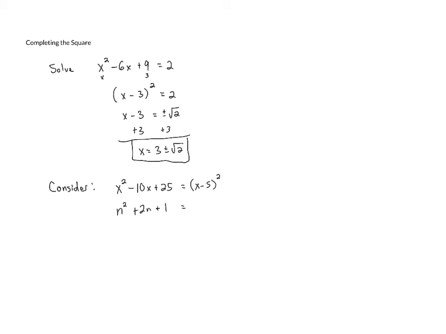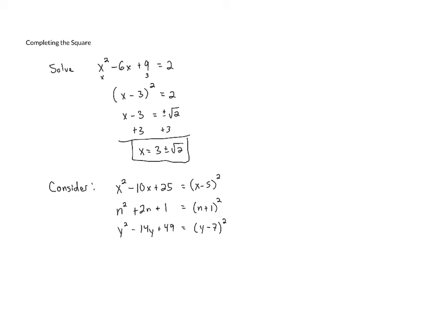This is a perfect square trinomial. It's n plus 1 squared when we factor it. And I want to look at y squared minus 14y plus 49. This factors into y minus 7 squared. So we have 3 examples of perfect square trinomials.